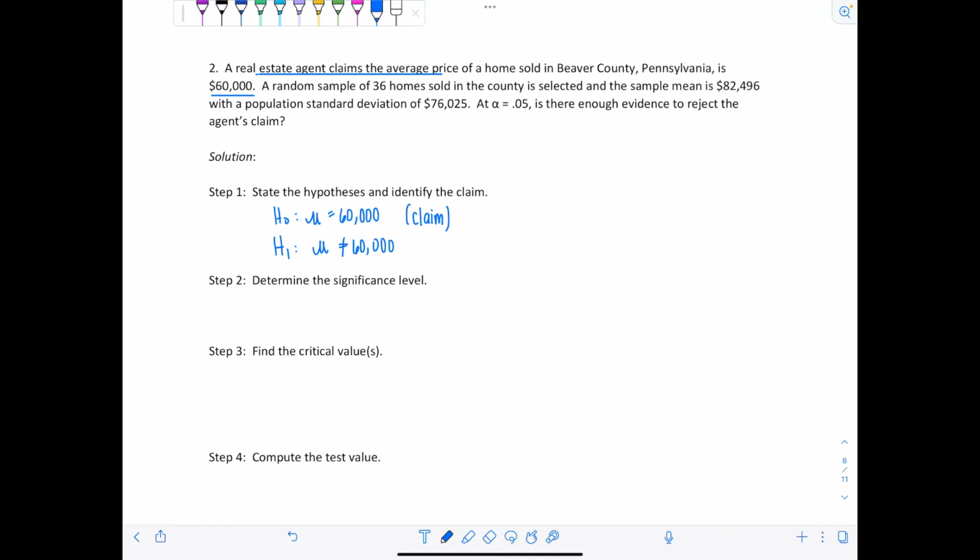Then let's see what other info was given. A random sample of 36 homes, so n is 36, is selected, and here's the sample mean. So what's that? That's your x bar. X bar is 82,496. And we have a population standard deviation, that's sigma, 76,025.